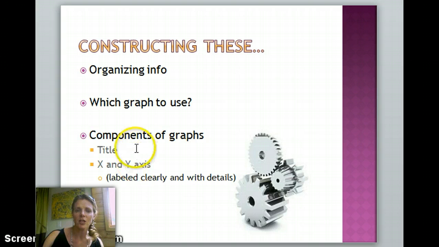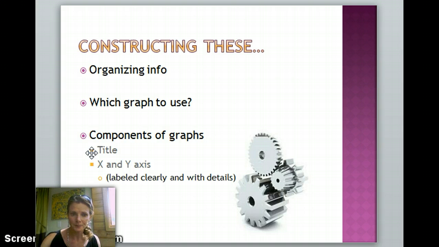And then obviously the components of the graph are really important. You have to have these in a graph. If you leave any of these out, you could be counted off, especially when we're talking about TCAPs and taking those state assessments. Those you absolutely have to have all of the components of the graph. You need a title. If you don't have a title, you don't know what you're talking about, right? You've got to figure out, what is this data saying and what are we trying to show here?